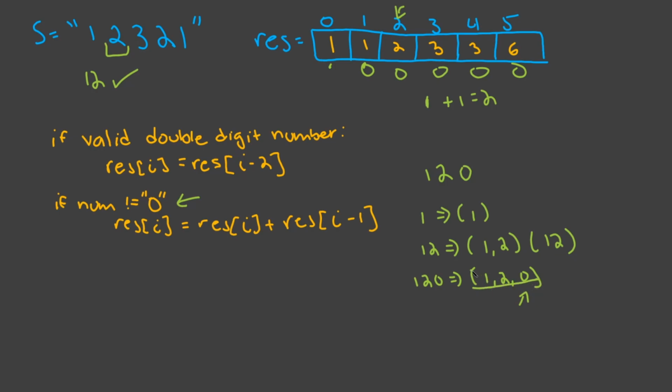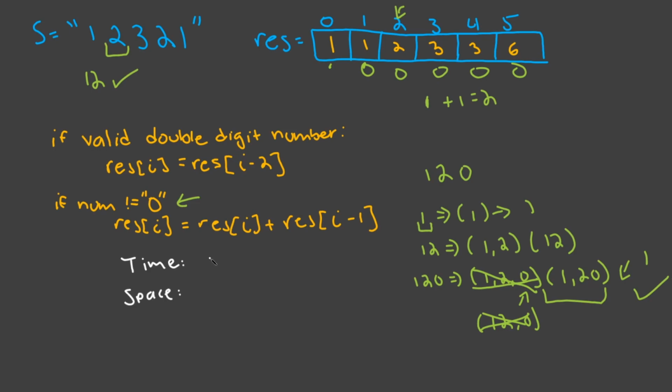So this would be an invalid combination. But we can do 1 and 20. And also we couldn't do 12 and 0 for the same reason as above. So that would be invalid. So we would actually only want just one combination. And as you can see here, if we can make a double-digit number, we want to add our result at I minus 2. So that would be this in a scenario, which would be 1. And that is how many combinations we have here as well. So that's true, and it checks out.